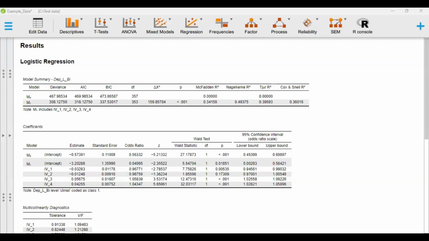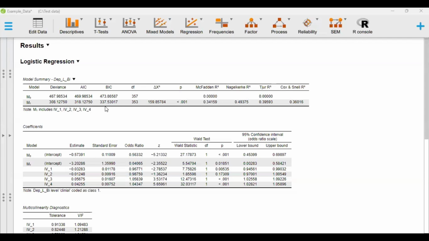And the next indexes that you can interpret are AIC and BIC. Although they don't have any direct significance level, generally, the lower they are, the better. And this especially can be helpful if you run multiple versions of your model.